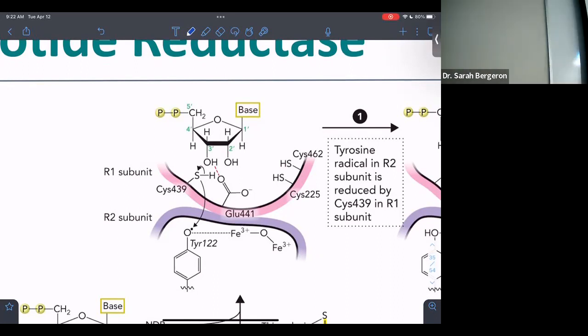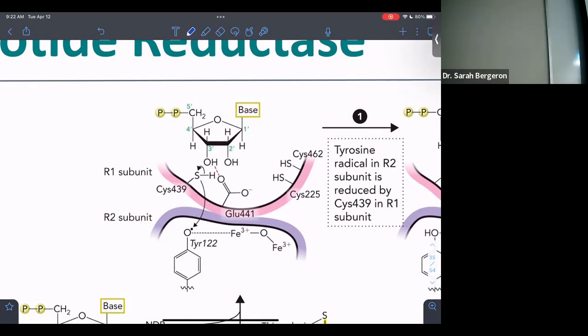A radical. So cool, right? So you have this radical right here, and this radical is stabilized by an iron molecule, right? Because iron's plus, radical is minus, right? It's an extra electron, it's a minus.